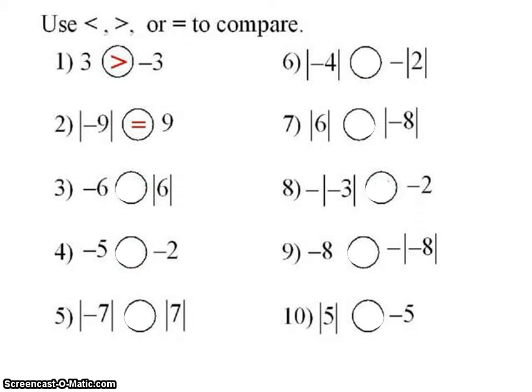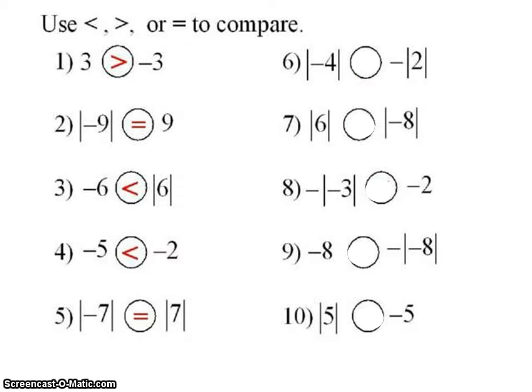On the next one, 6 is already positive, but it is larger. -2 is to the right on a number line, so it's larger. +7, +7, these would be equal to each other. Because remember, you're not evaluating the number itself, you're evaluating the distance from 0.